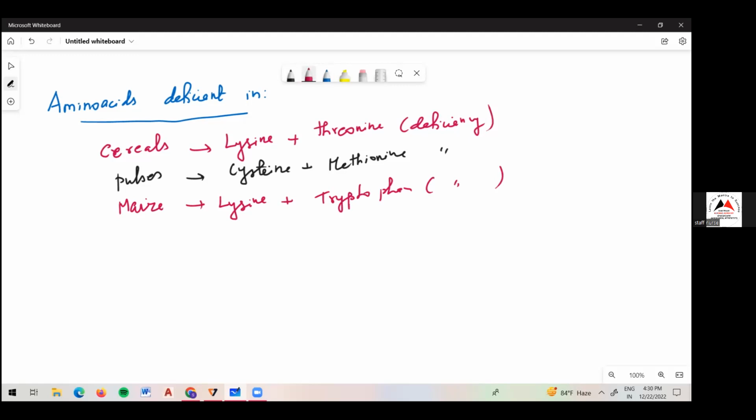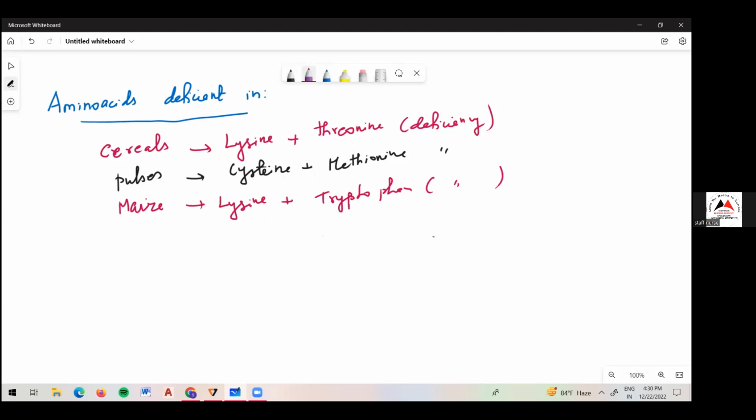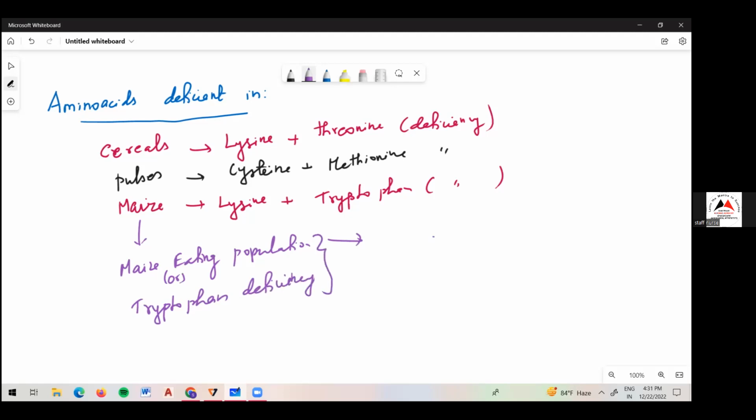One more universal question: the maize eating population. Sometimes they may ask about the maize eating population, or about tryptophan deficiency.